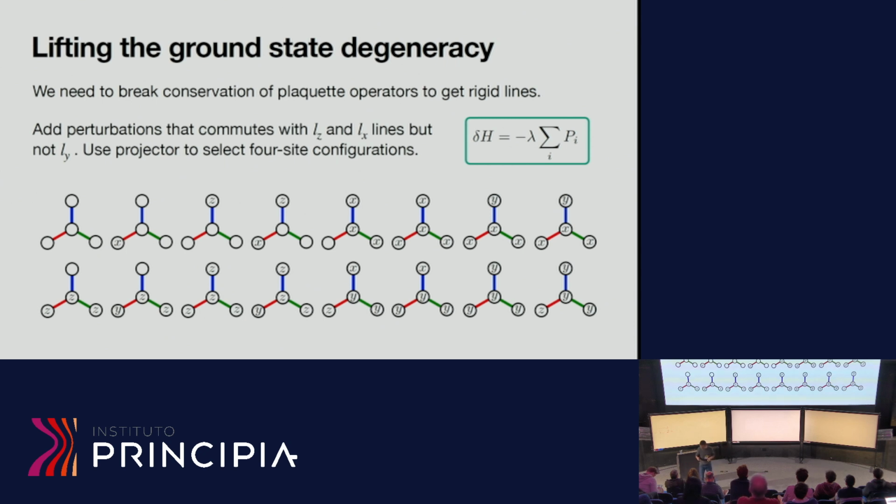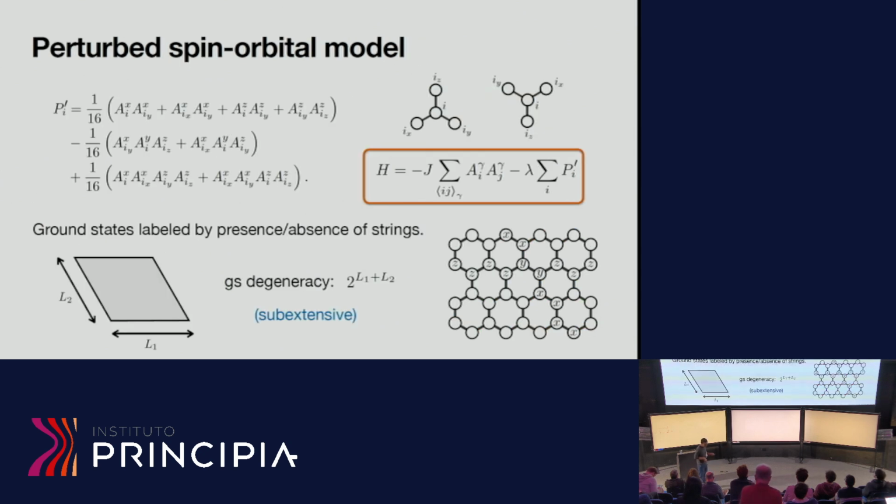In terms of the A operators I was talking about before, it can be written like this. Actually, here I'm dropping some terms that were already there in the original Hamiltonian, but you see that there are four-site interactions with position labels like this, defined on both sublattices of the honeycomb lattice.